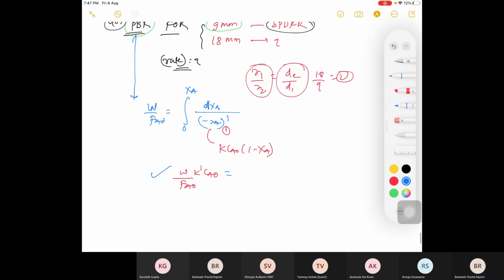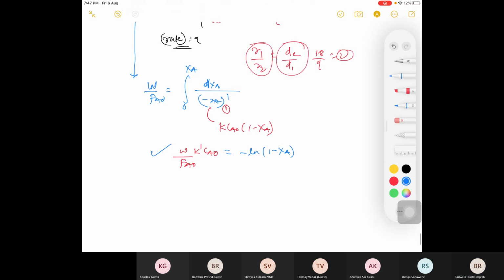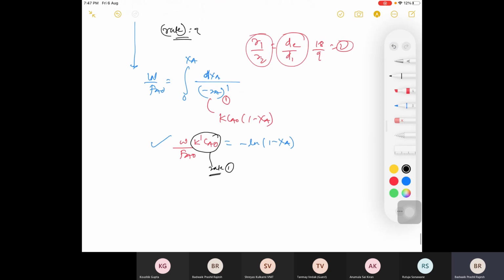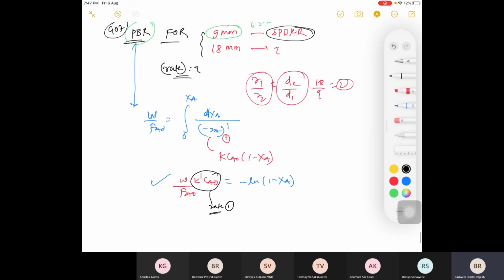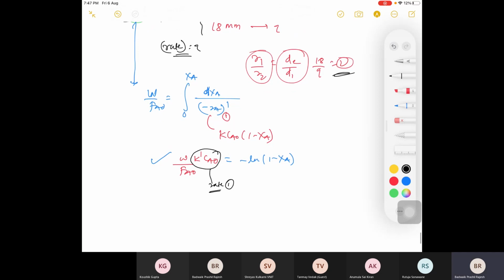Integrate it. It is minus ln of 1 minus Xa. You just take the ratio for two quantities. Okay, and here you can see this is your rate 1. Rate 1, okay, and you know rate 1 upon rate 2 is this value, so you need to change accordingly.